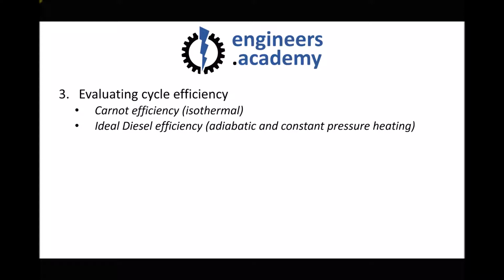Now, the final way to determine the efficiency of a diesel engine is to use actual efficiency data. In the coming tutorials, we're going to be calculating Carnot efficiencies for diesel engines, and we're going to be calculating ideal diesel efficiencies, but we're also going to be looking at engine performance data to see how we can go about calculating the actual efficiency of various different 2- and 4-stroke diesel engines.